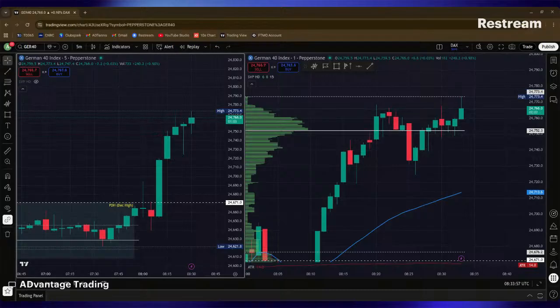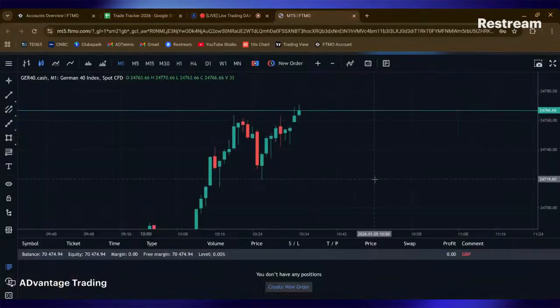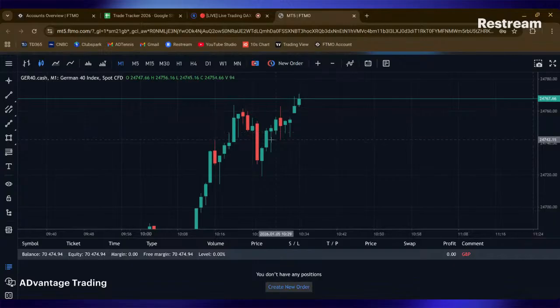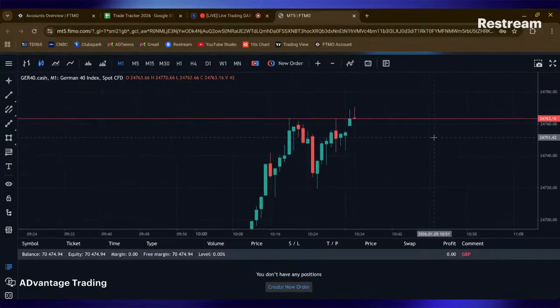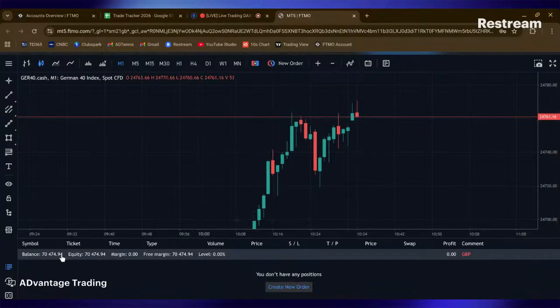One moment. Just need to remember how to do this. Okay, now hopefully you can see what's called MetaTrader 5, which is the platform that I get through FTMO. In the bottom left here where my cursor is, you can see the account balance, 70,475.